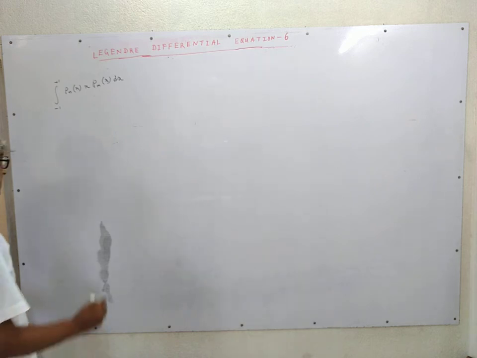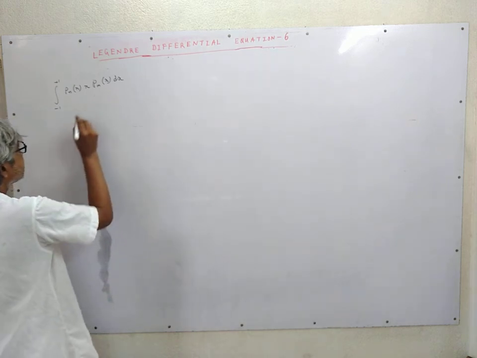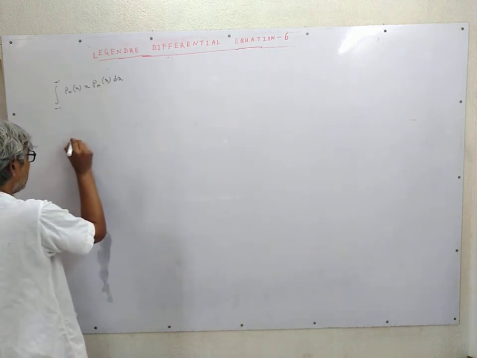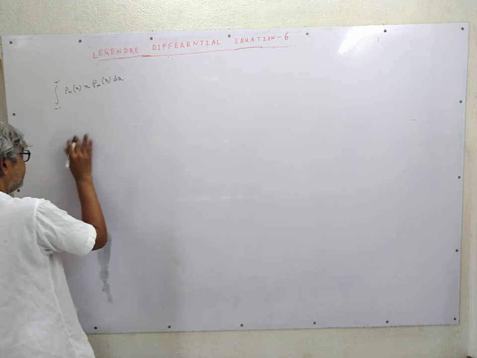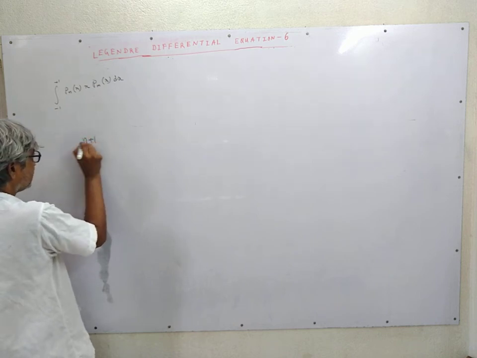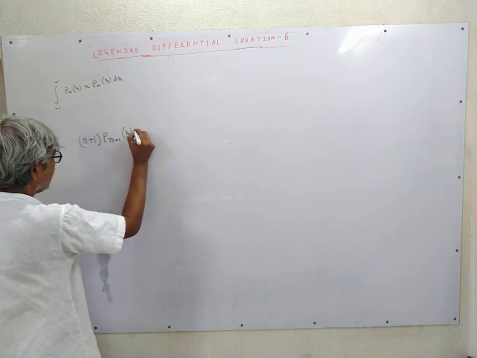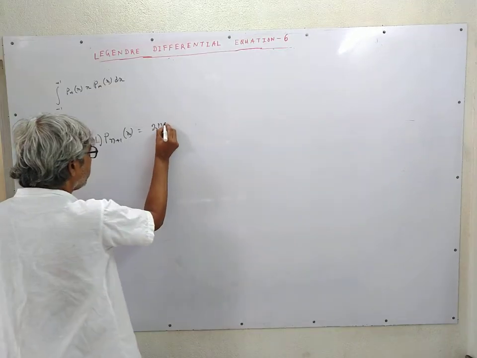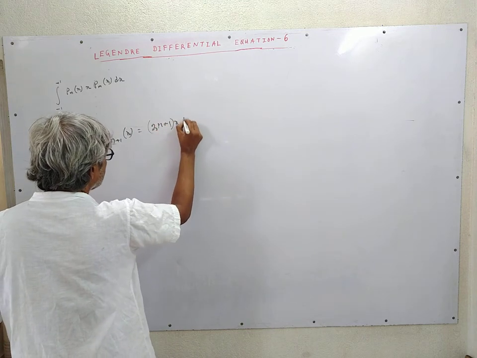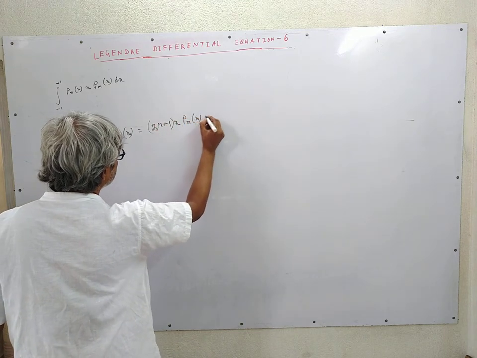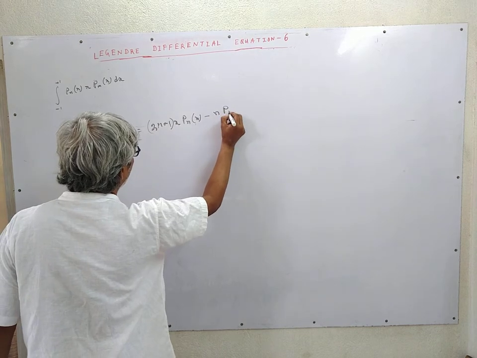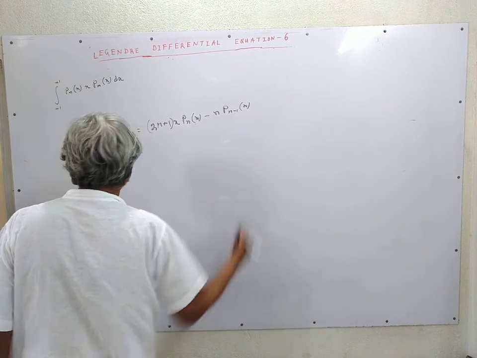Remember the recurrence relation of Legendre polynomials: n plus 1 Pn plus 1 of x is equal to 2n plus 1 x Pn of x minus n Pn minus 1 of x.